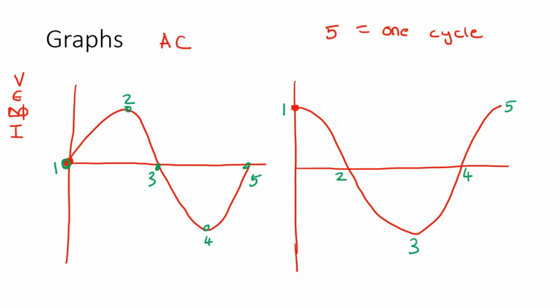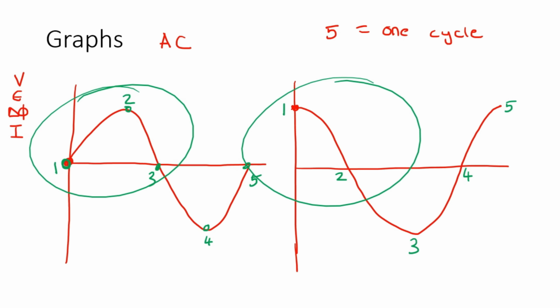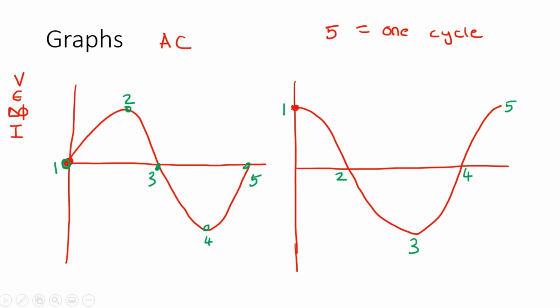Now, we need to know when the graph looks like this or when the graph looks like this. What I want you to quickly do is, all of these pieces that are at the top and at the bottom like that, we're going to call those the peaks. This is just my own fancy word for it. It's not something they're going to ask you. Peaks, like a mountain top or a mountain peak.